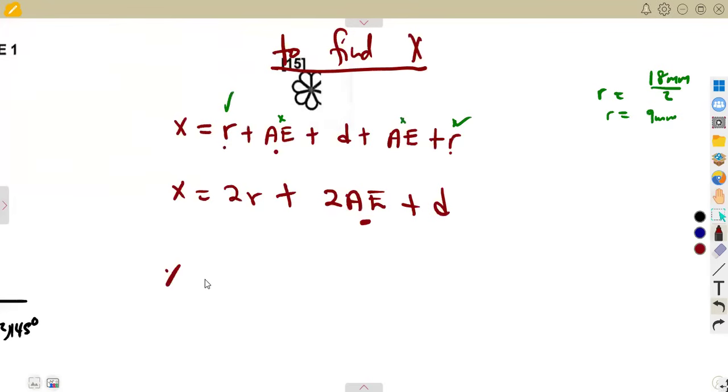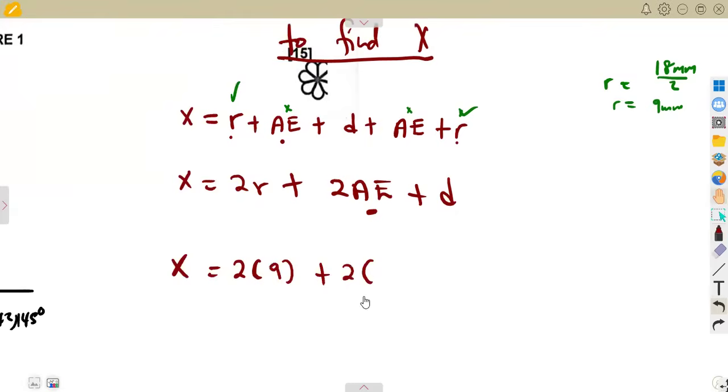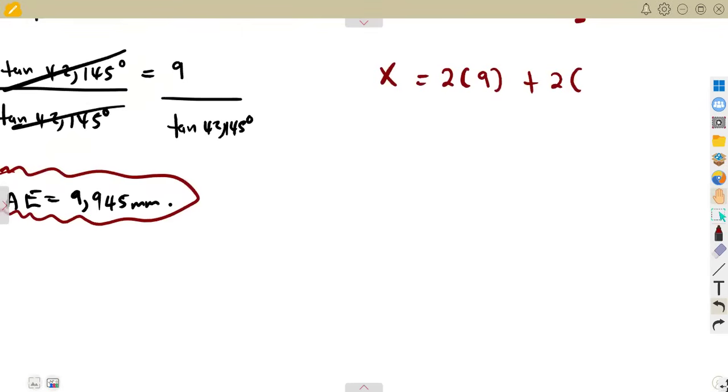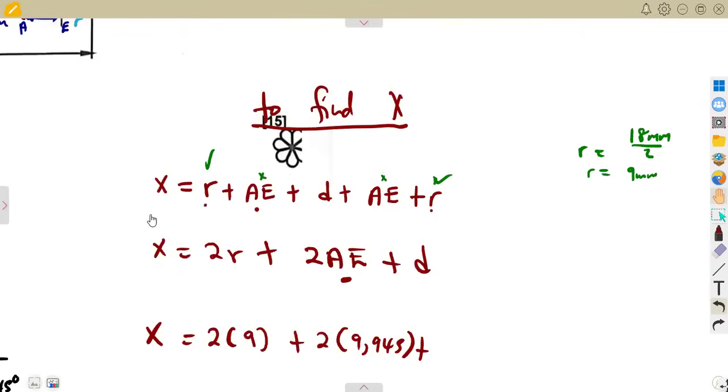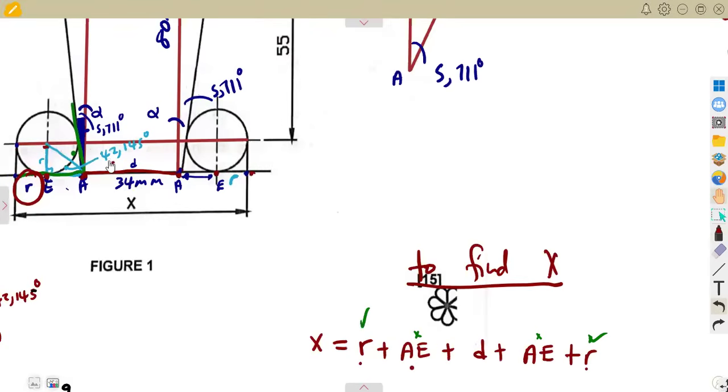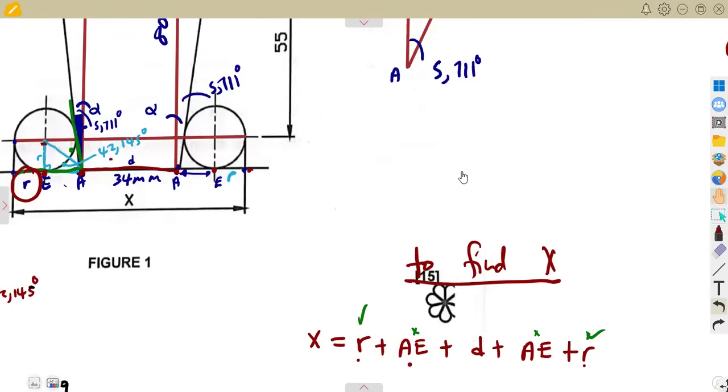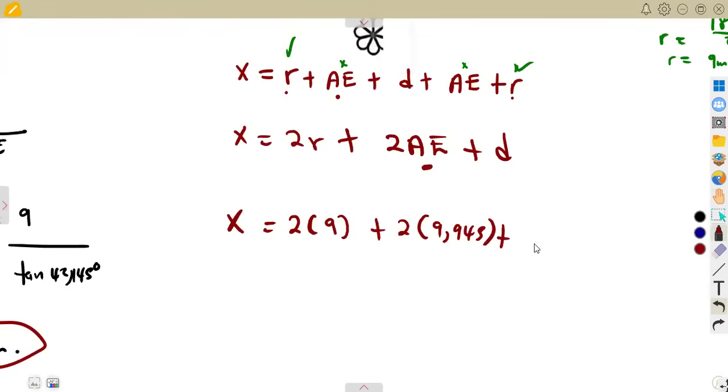So our X is going to be 2 times the radius, which is 9 millimeters, plus 2 times AE, which we calculated as 9.945 millimeters, plus the diameter at the bottom, which is 34 millimeters. So that's it. We're going to have X, which gives us 71.89 millimeters at the end.